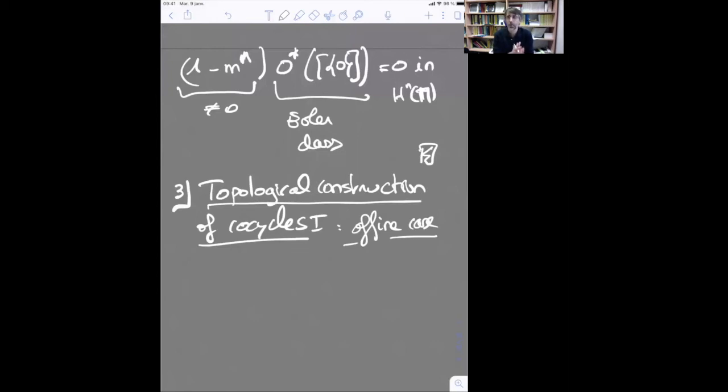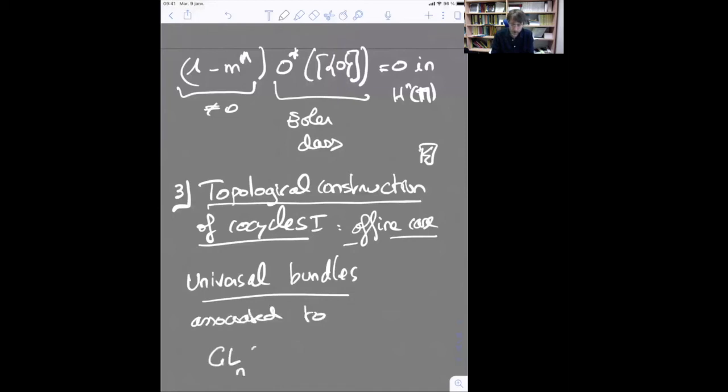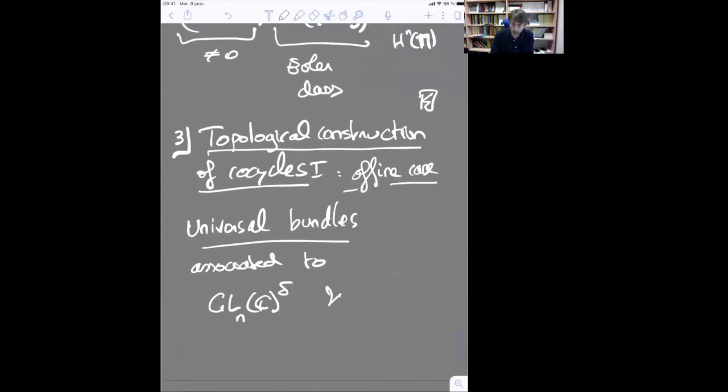The first case is if we have a flat complex vector bundle, and the other case is where we have a bundle with a structural group contained in SL n Z. So we will consider both cases, and in fact we will consider universal bundles associated to these two situations, either GL n C discrete, which is the case of flat complex vector bundle, or gamma, which is a finite index subgroup of GL n Z. In both situations, we will be able to lift the Thom class because of the vanishing of the Euler class.